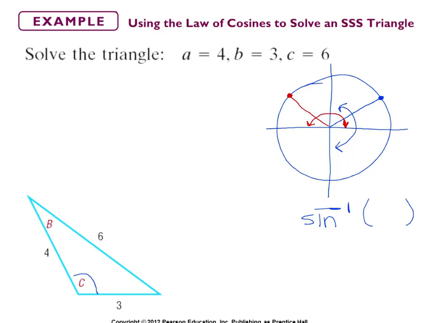So the range of the inverse cosine is from 0 to pi, right? So if I'm in quadrant 1, I'm positive, but if I'm in quadrant 2, I'm negative, aren't I? So I can't be in quadrant 2.